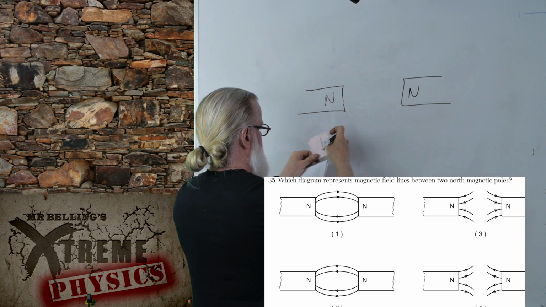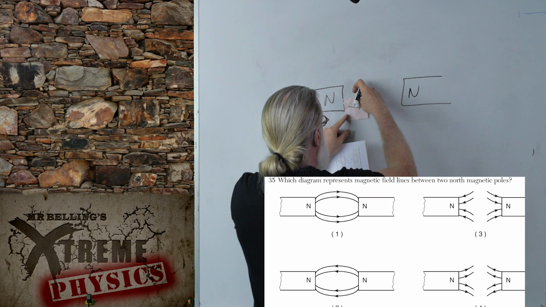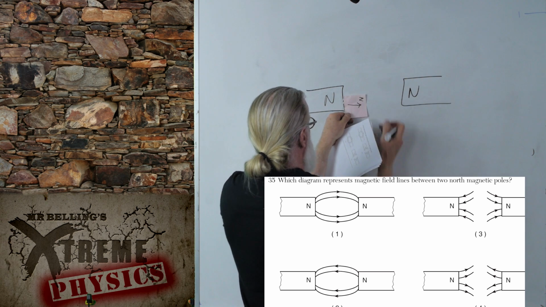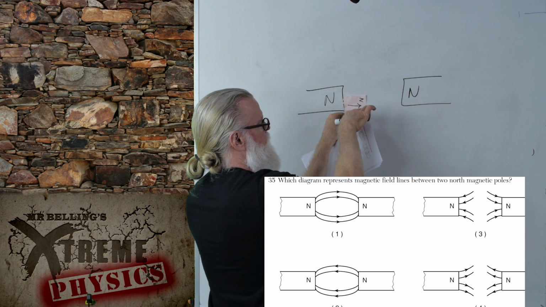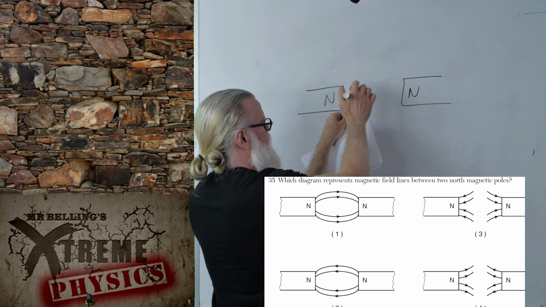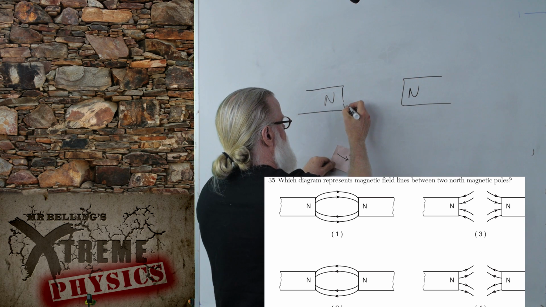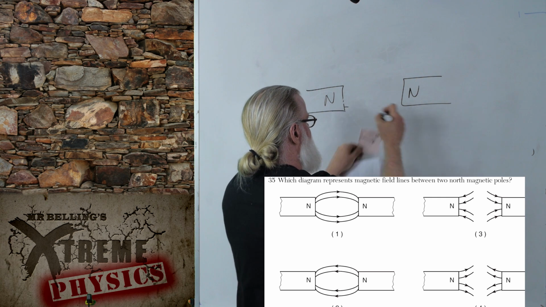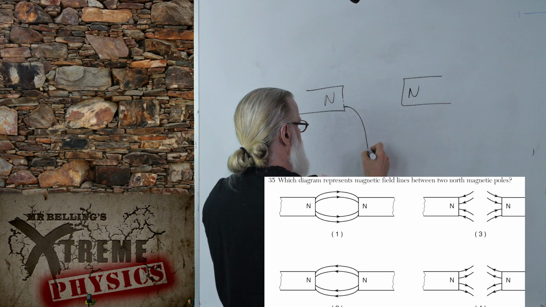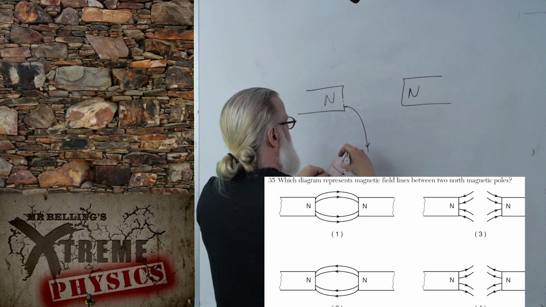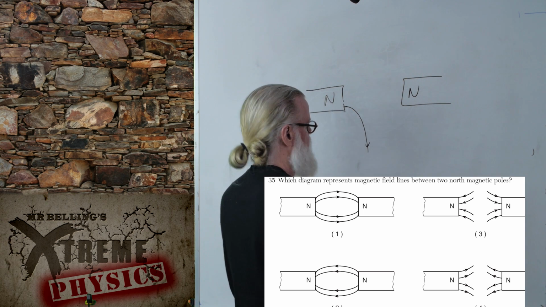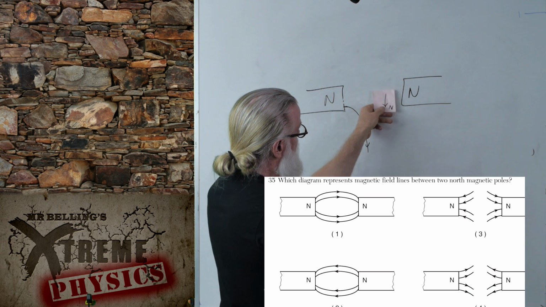Oh, we only want to know on a diagram. All right, so here, it's going to want to go out, right? The south of the compass is going to track to the north. So it's going to start out like this, but it doesn't want to keep going that way because it sees that. So it's going to go like that. And if I put this here, which way does it want to point?